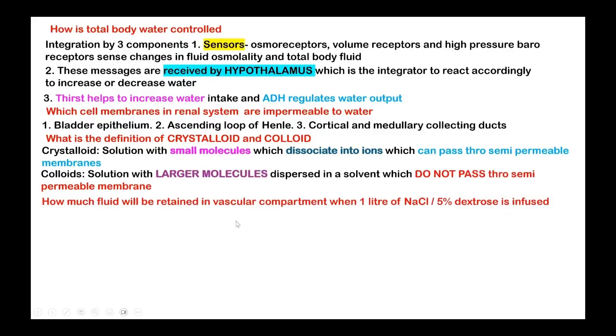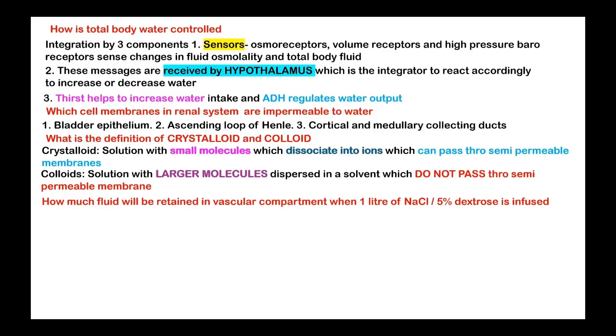So how much of fluid will be retained in a vascular compartment if you infuse 1 liter of sodium chloride or 1 liter of 5% dextrose? That is 1000 ml of sodium chloride infused into the vascular compartment, or 1000 ml of dextrose. How much will be retained inside the vascular compartment? All of you know there is a vascular compartment, an interstitial compartment and an intracellular compartment.